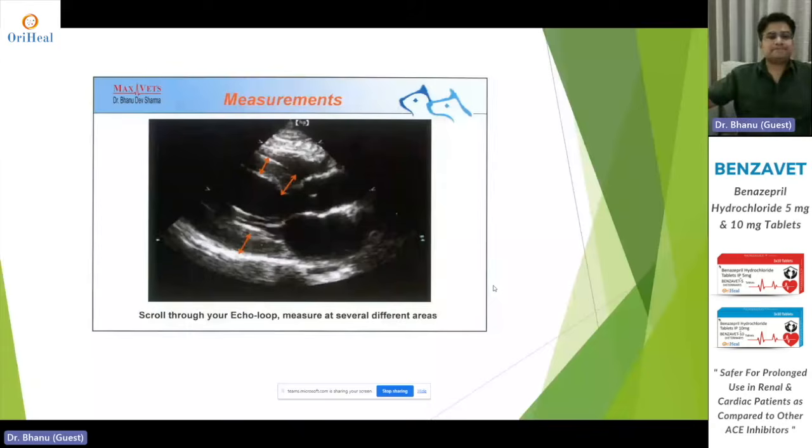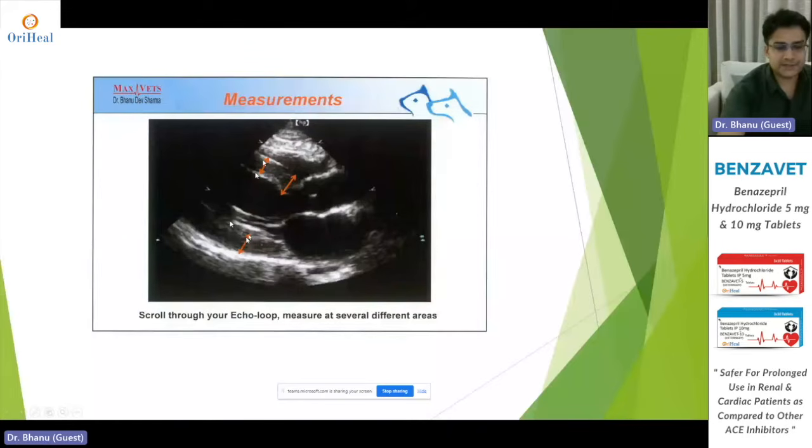The measurements for HCM, I generally do the M mode measurements, but that is more for reporting purposes, because at my practice, I rely more on the 2D measurements. So if this is the left ventricle, the IV septal wall and the left ventricle free wall, you have to measure this in 2D.